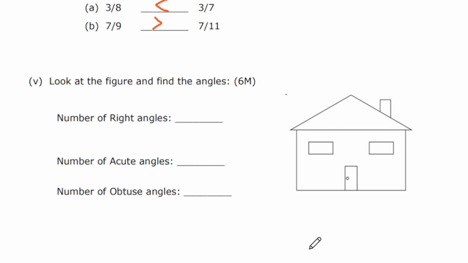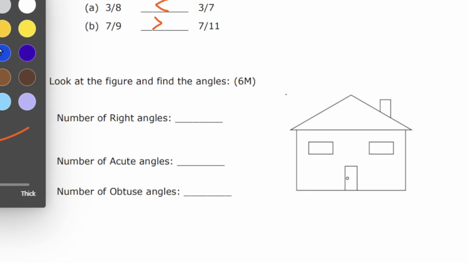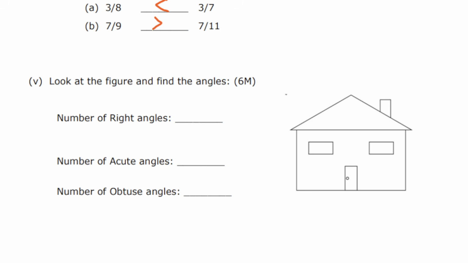Okay. Next, look at the figure and find the angles. Right angle. So first right angle I'll do in different colors. Right angle I'm going to take in blue. So how many right angles do we have?